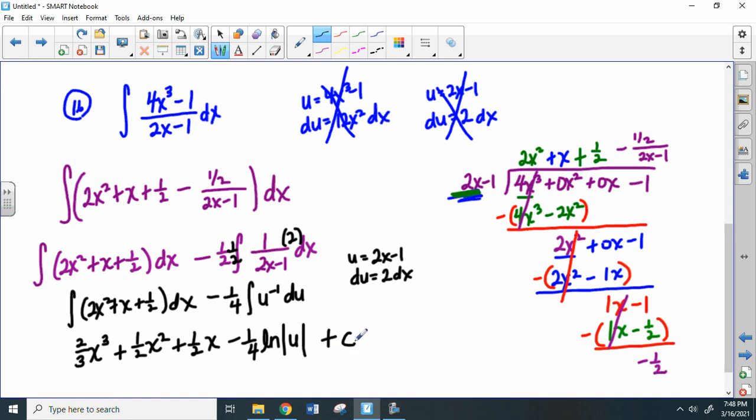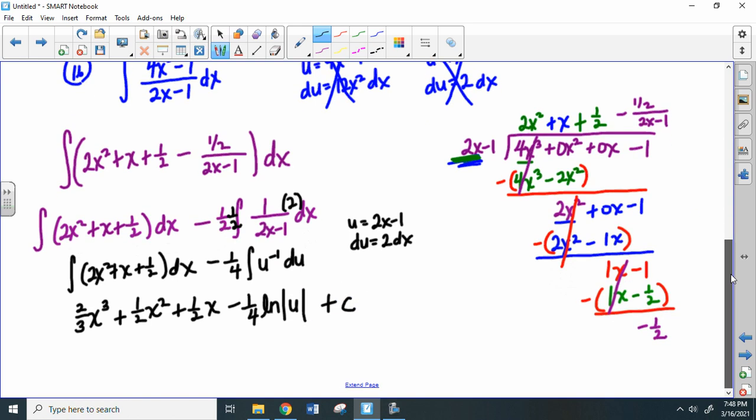And then we do plus c 1 time. And then I still have to make sure it all has x's in it, all right? So I need to replace u with 2x minus 1, right? I'm just going to be lazy and do it right here because I don't feel like rewriting everything. And then, of course, don't forget to throw your plus c back on there, all right?